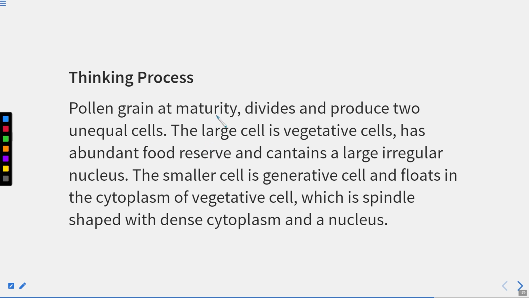The pollen grain at maturity divides and produces 2 unequal cells. This you already know. The larger cell is known as the vegetative cell, which has abundant food reserve materials and contains a large irregular nucleus. Whereas the smaller cell is known as the generative cell, and it floats in the cytoplasm of the vegetative cell. It is spindle shaped and has dense cytoplasm and the nucleus.